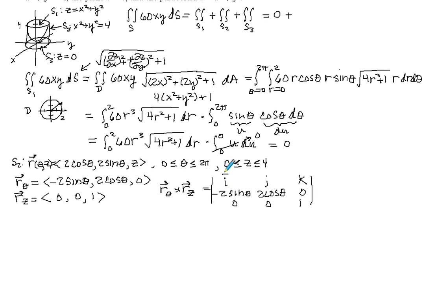We've got our plus-minus pattern here. Leave out the row and column for i: 2 cosine theta minus 0, so 2 cos theta i. Minus, leave out the row and column for j: negative 2 sine theta minus 0, so double negative makes plus 2 cos theta j. Then leave out the row and column for k; these are just zeros, so plus 0k.